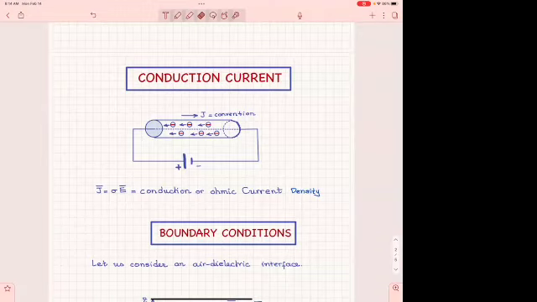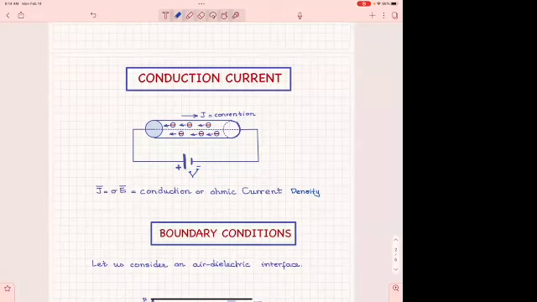But when you apply a voltage V, practically, what you do is that you have a supply of positive charges on the left of your voltage, where there are plus, and then you have a supply of negative charges on the right.